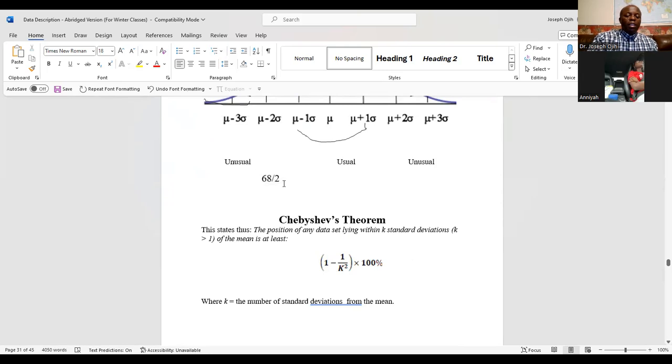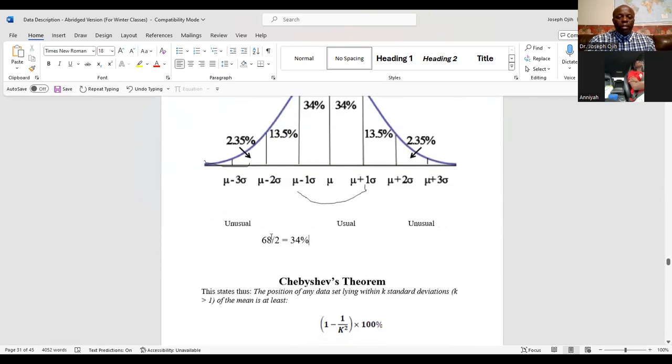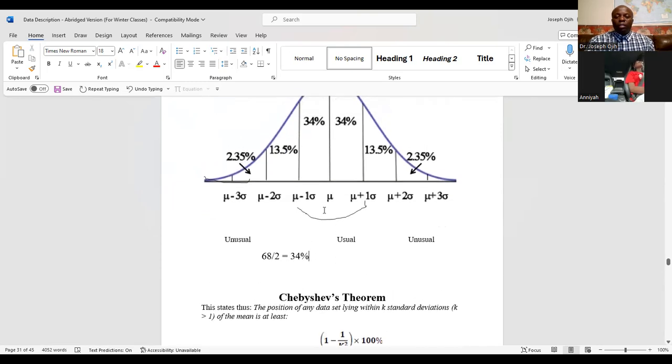If you divide 68 by 2, you get 34% on both sides. You can see right here, 34, 34. When you add them together, you get 68%, and that's what it's saying. The negative sign is just to show that it's on the left side. This is for one standard deviation on the left side and one standard deviation on the right side.